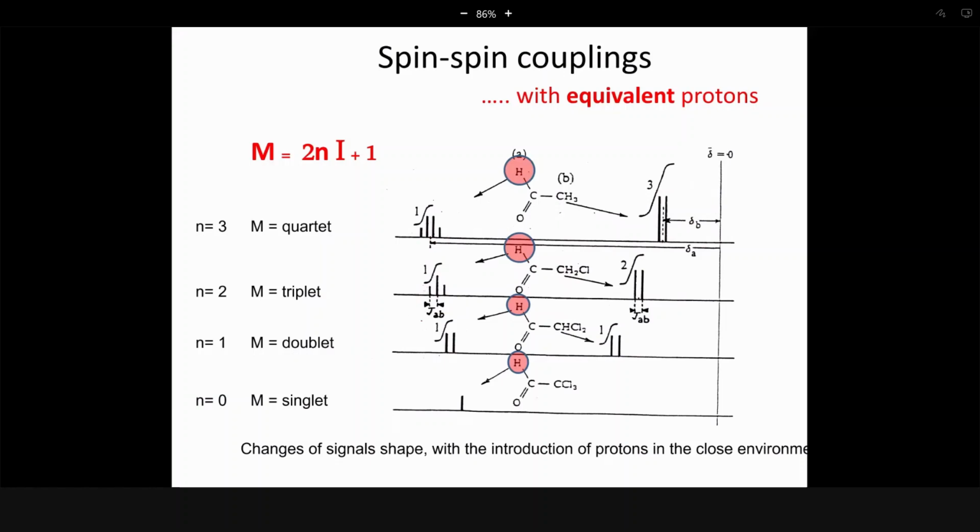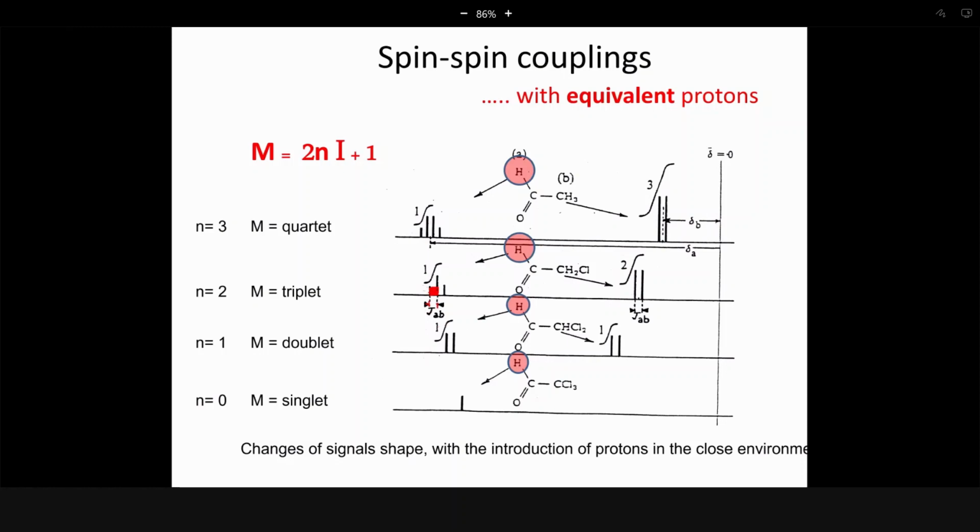Another important piece of information is the space between 2 lines, the difference or distance between 2 lines. This is a value we can calculate.